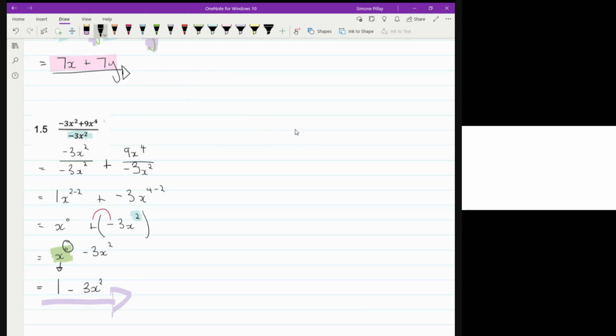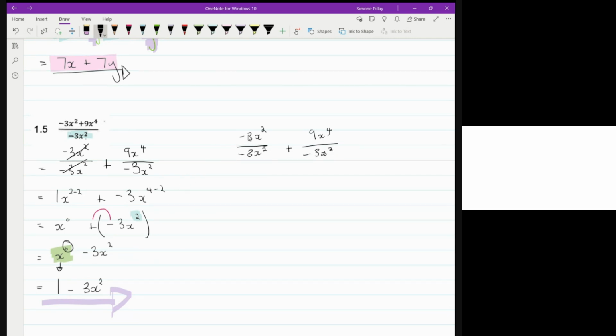Okay. Uma, can't you cancel out the negative 3x squared in the fraction? So that's basically what we did. We basically canceled this out and we canceled this out. And what we could have done from the beginning, right? So we broke it up. That was good. We broke it up: negative 3x squared over negative 3x squared, plus 9x to the power 4 over negative 3x squared.